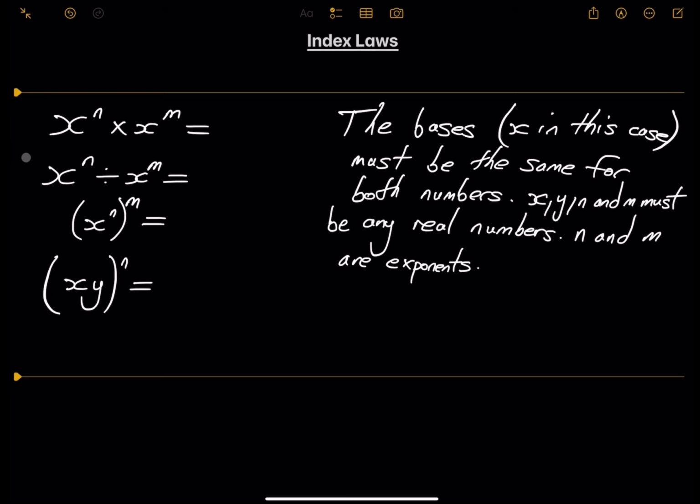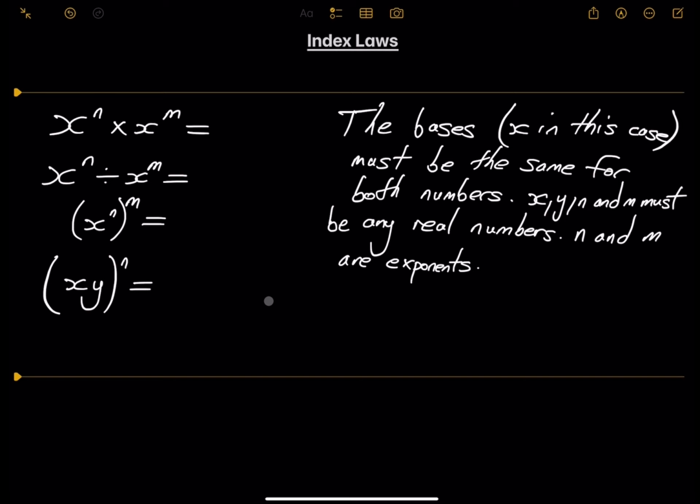The numbers we're talking about are an integer or real number x raised to a power, and this power, n and m, we call the exponent. N and m are the exponents, and x, y, n, and m can be any real numbers.